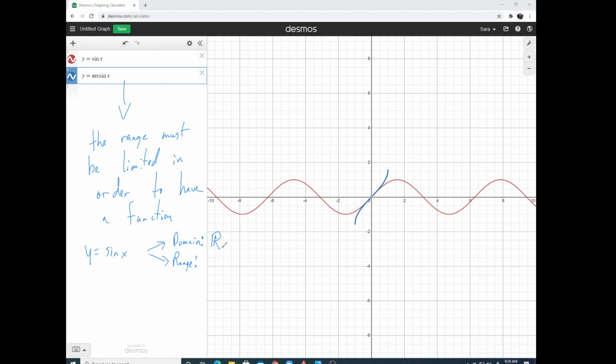Isn't that all real numbers? That means all real numbers. And remember, my range of the original function only goes between -1 and 1. And again, this is the original function. With my inverse, things swap, but not perfectly like we're used to.